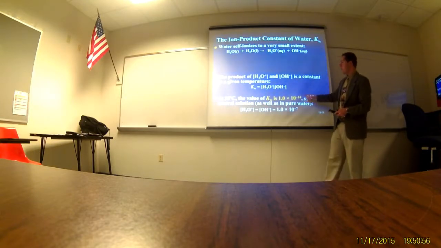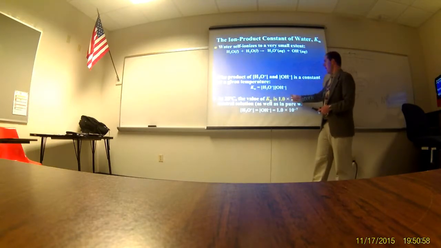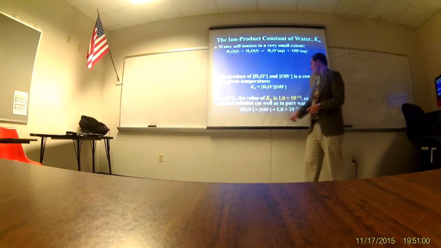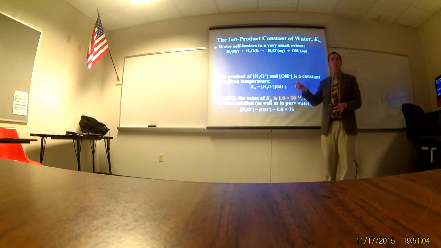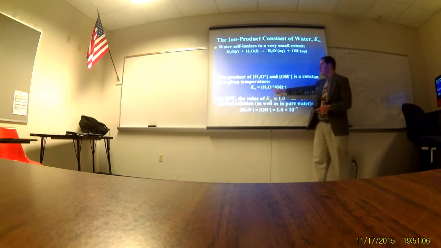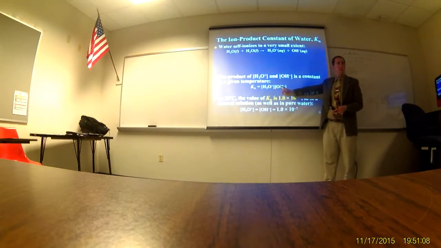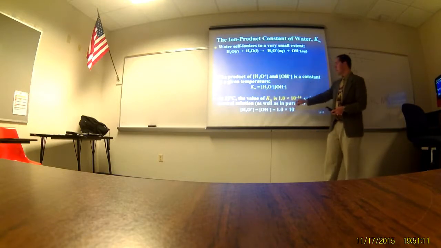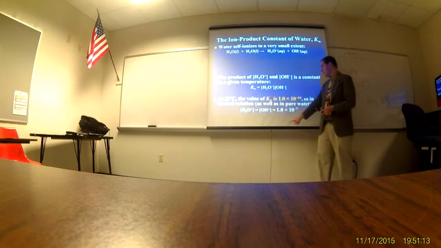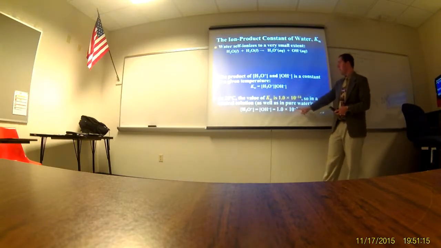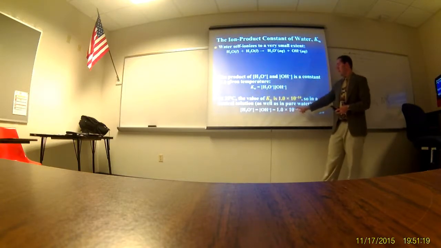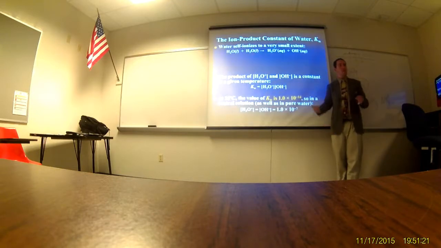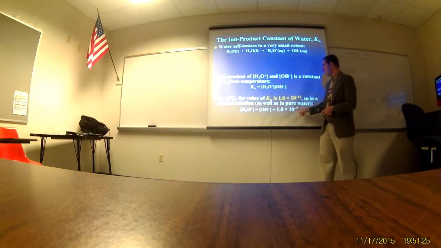And so mathematically, if that is always equal to 1 times 10 to the negative 14, if we have a neutral solution, that has to be equal to that. And so mathematically, that has to be 1.0 times 10 to the negative 7th, and that has to be 1.0 times 10 to the negative 7th. Because when you multiply numbers with exponents, you add the exponents.